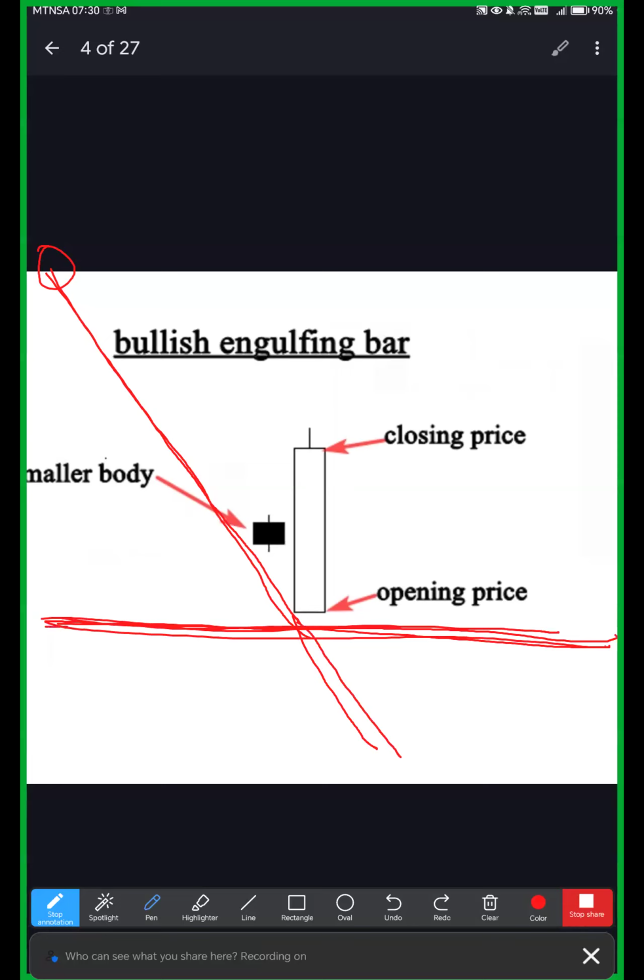When the market touches these levels of support, check out what type of candles are formed around that region. One of the candles that you're going to find is the bullish engulfing bar. When you see bullish engulfing bars coming, it means the market is preparing to reverse to the upper side.